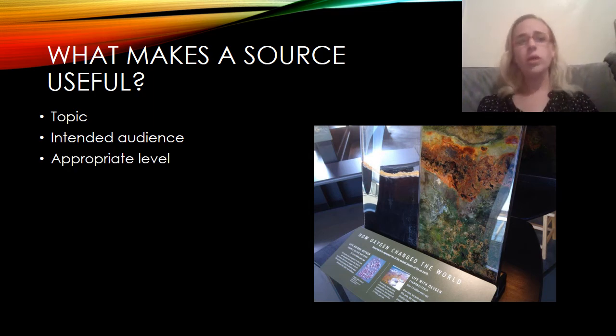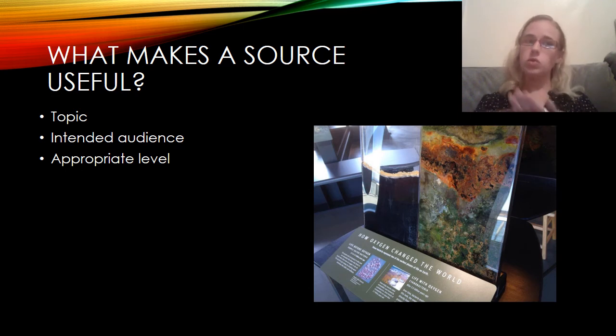You guys are probably going to be wanting to look at things that are designed for a senior high school level audience. Now, a good giveaway would be things like high school level textbooks, websites which say this is designed for grade 11 chemistry or whatever it might be, sources which are recommended to you by your teacher or by your librarian.